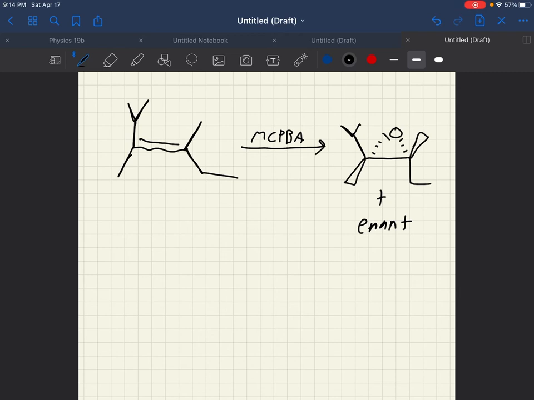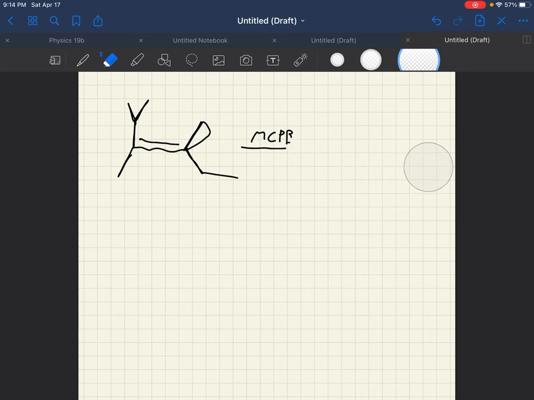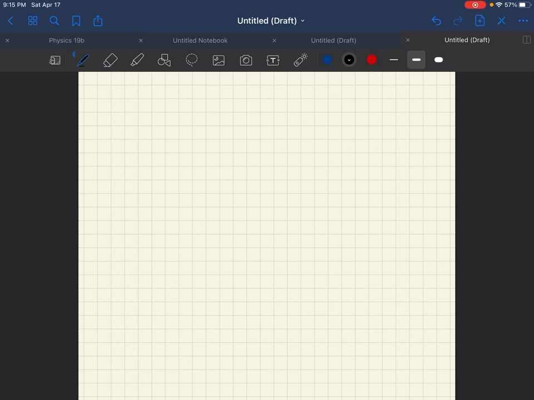And if this was here, then we would have to attack from the side only, and that would then remove the enantiomer. So remember that for this one. mCPBA is a syn addition on its own, but when it becomes accompanied with another reaction or addition, it is not a syn addition. So for example, and I also forgot to mention that RCO3H is the same as mCPBA.